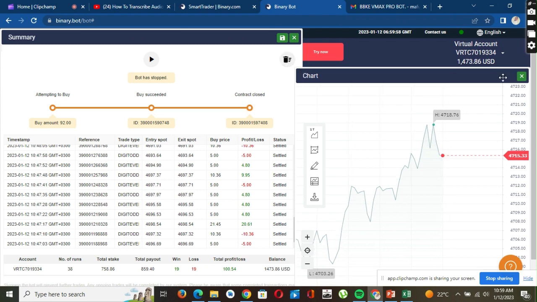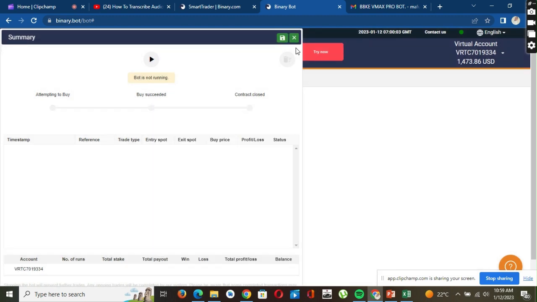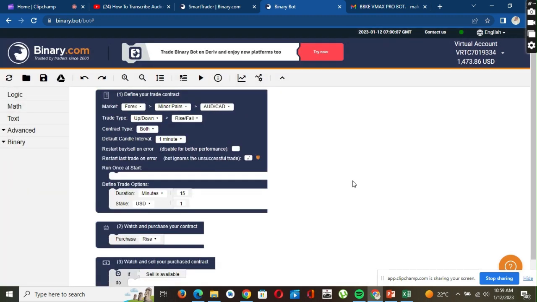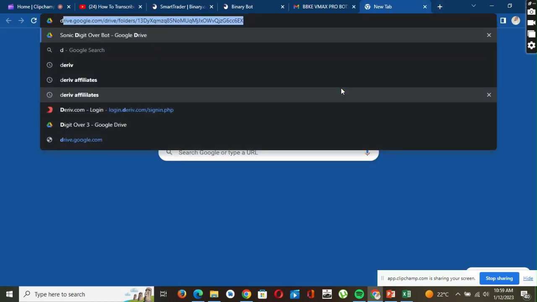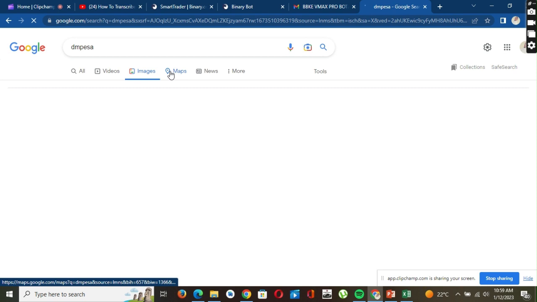Once you finish trading, of course, close all the tabs, get rid of this information, right? Get rid of the bot as well, and then withdraw your profit. Of course, you will withdraw your profit from an app called DM-Pesa. If you don't want to use the agent, you can withdraw your profit from this particular app called DM-Pesa.